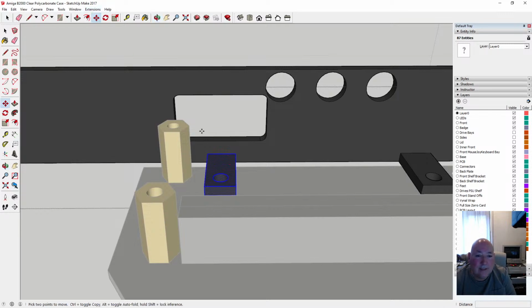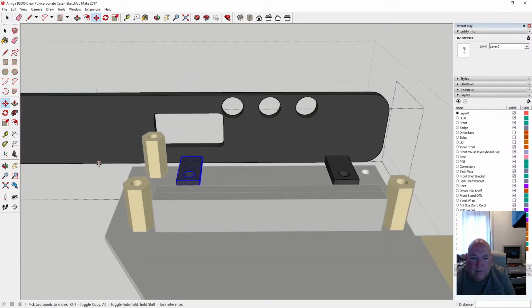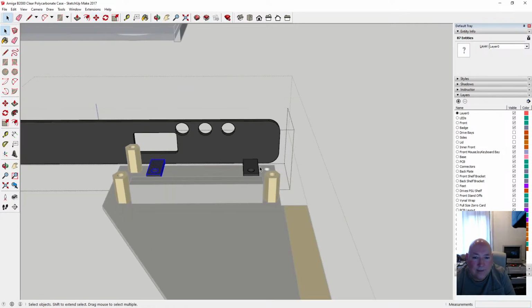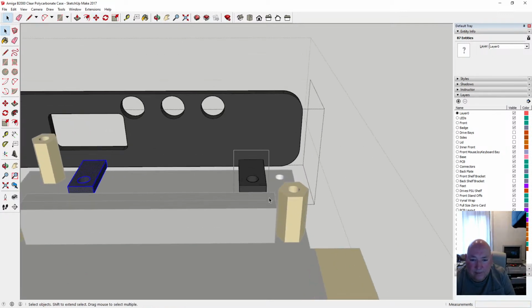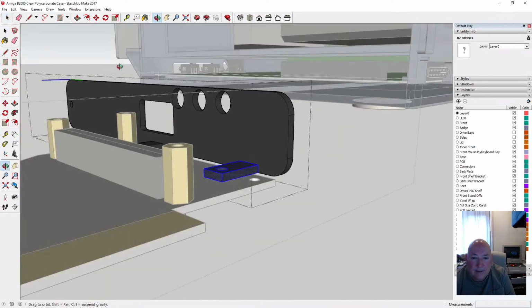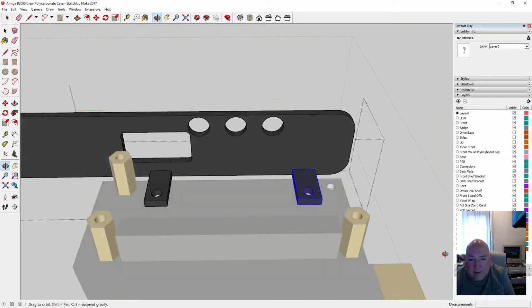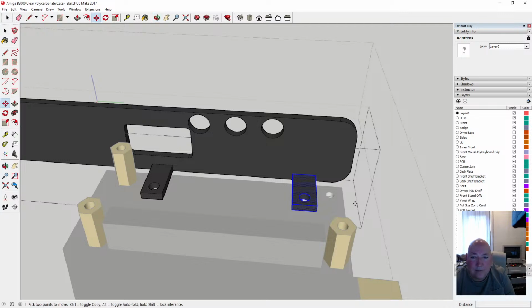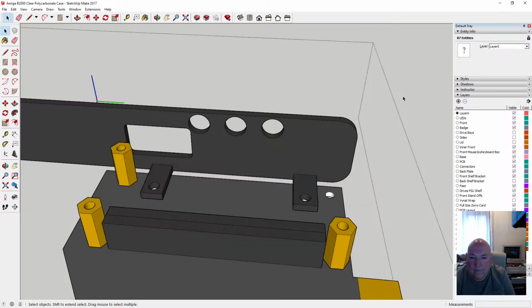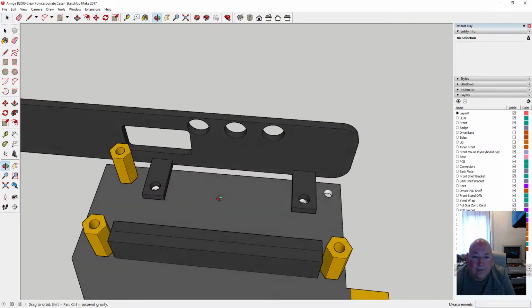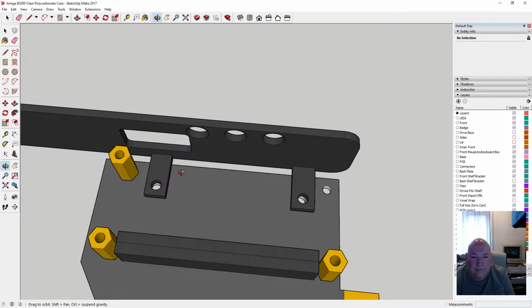So I need to move that over 0.25 and I need to grab hold of this one, make sure I haven't got anything else with it now, move that over 0.25 and everything should be, no, what?